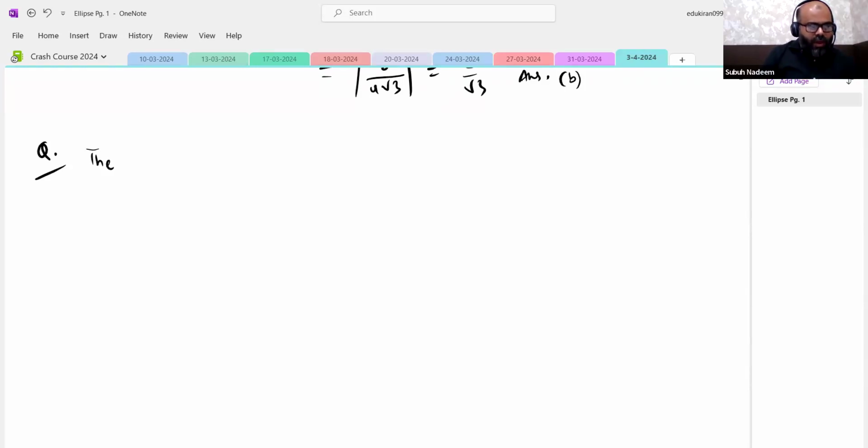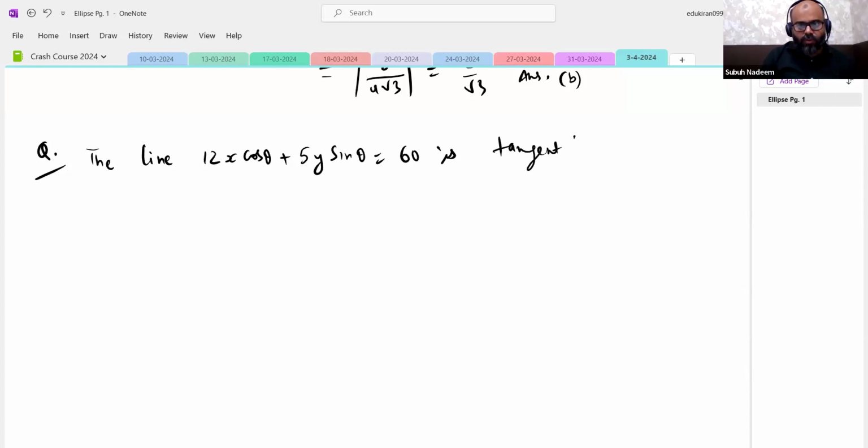The line 12x cos theta plus 5y sin theta is equal to 60 is tangent to which of the following curves?